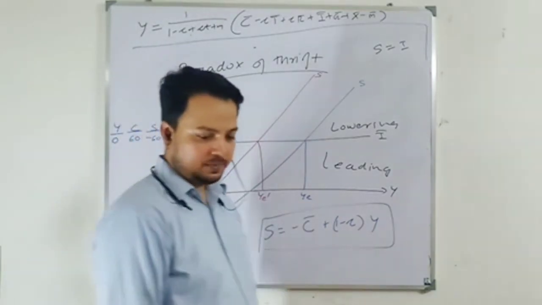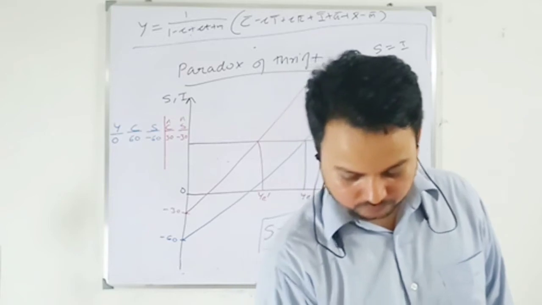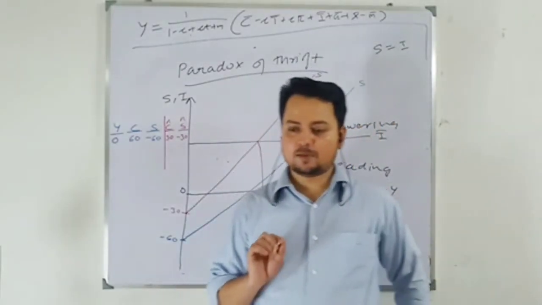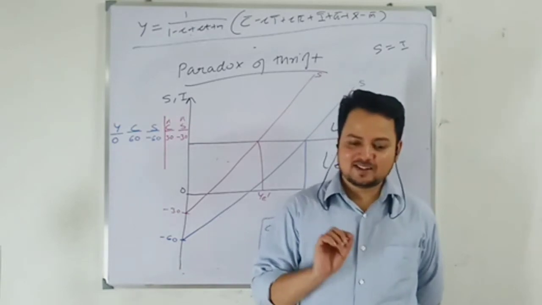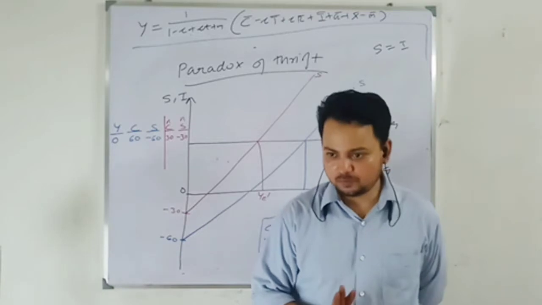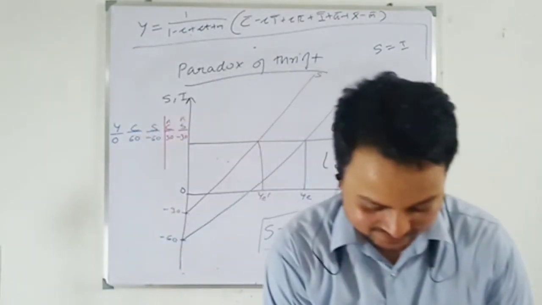So, this completes our syllabus for unit four. Since we don't have time, the comparison part of Keynesian and Keynes, you people have to do it, but I am doing it for you. I hope I am not missing anything else.